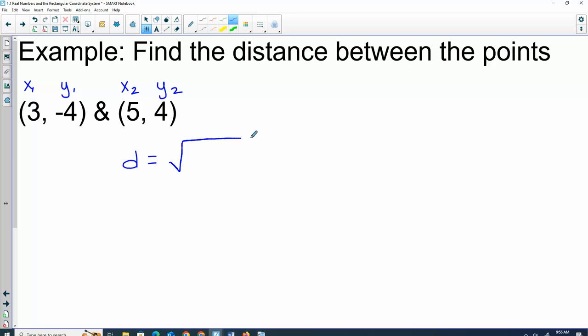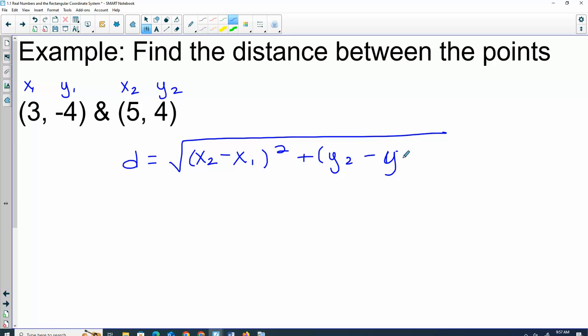So distance is the square root, the formula we just wrote down, x2 minus x1 squared plus y2 minus y1 squared. So now we plug in our numbers. x2 is 5 minus x1 is 3.